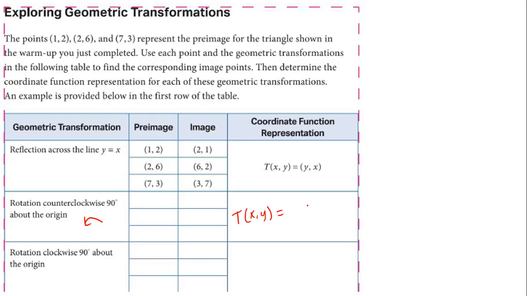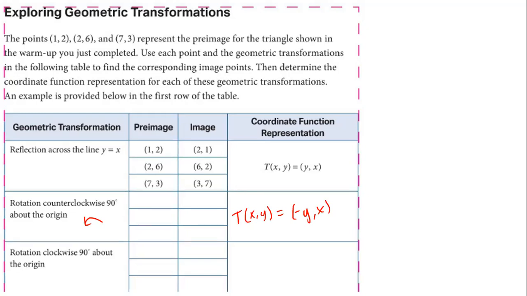When we are rotating like this, that means that we are switching x and y places, but changing the sign of our y and keeping the sign of our x. That's what's going to happen every single time. Remember, we're writing the function, and then you're going to go back and find the image.